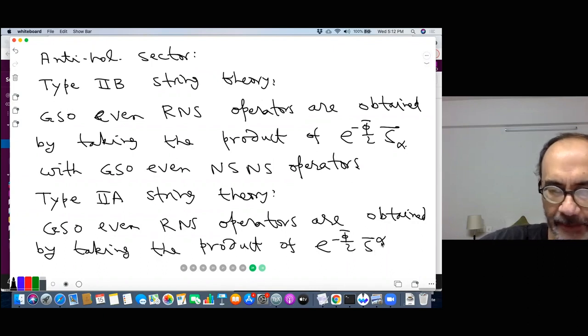Okay, so this is the anti-chiral spinor with GSO even NSNS operators.